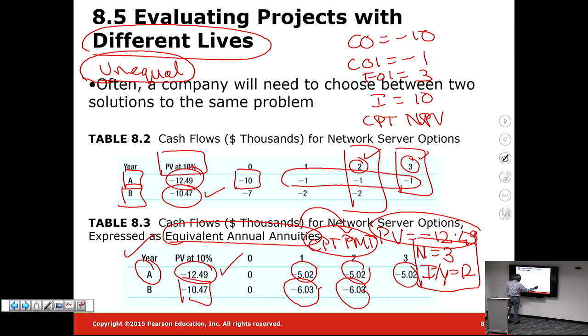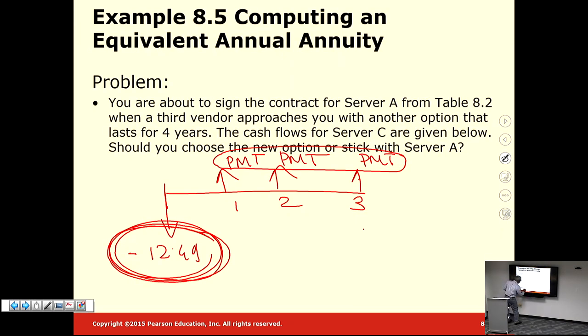Step 2, we calculate equivalent annual annuities or payments. So step 1, calculate this net present value using your cash flow keys. Step 2, take this net present value as given and calculate the per year payment. And these per year payments would be considered equivalent annual annuities.